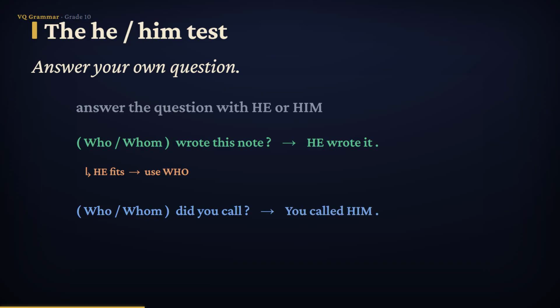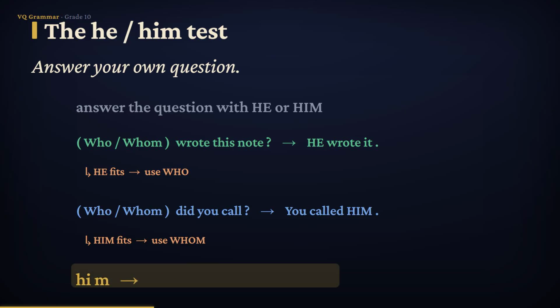Answer it. You called him. Him fits, so the word you want is whom. And here's the little rhyme that makes it stick forever. Him goes with whom, because both of those words end in the letter M. He goes with who, and neither of those has an M. Run that swap in your head every single time, and you will almost never be wrong.